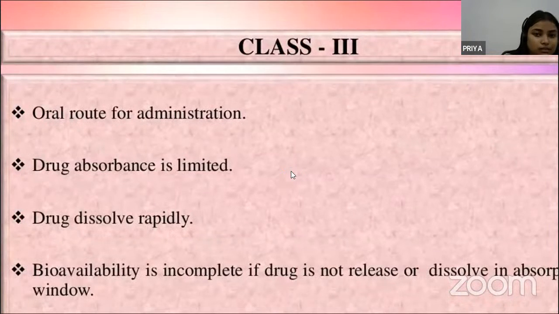In case of class third, the oral route administration is ideal, but the drug absorption is limited and the drug dissolves rapidly because, as we know, it has high solubility, but the permeability rate of this kind of drug is slow. So the rate limiting factor for class third drug is absorption.